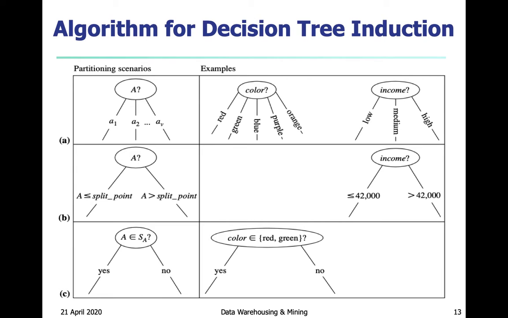If A is continuous valued, in this case the test at node n has two possible outcomes, corresponding to the conditions that there will be one split point: one is less than or equal to the split point, and the other is greater than the split point.